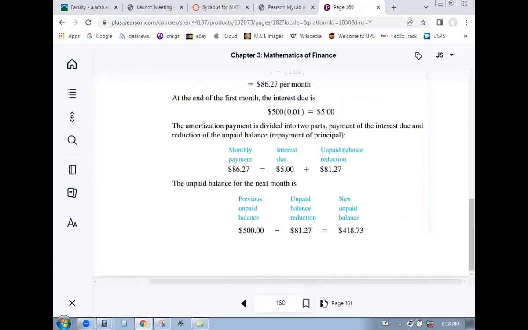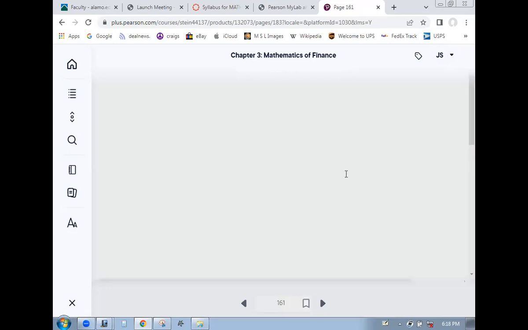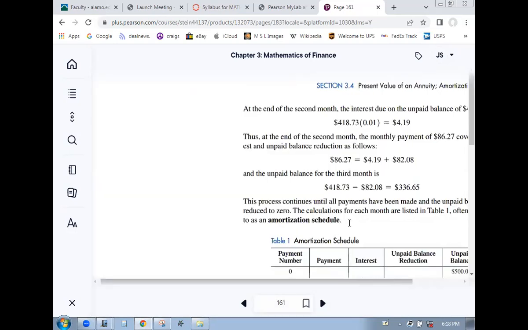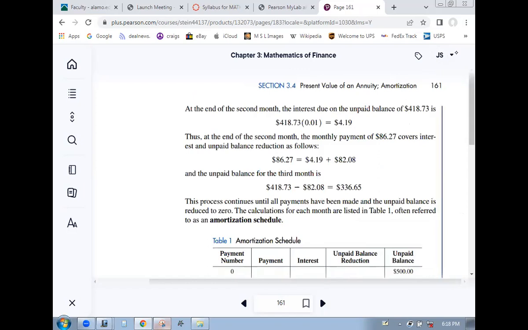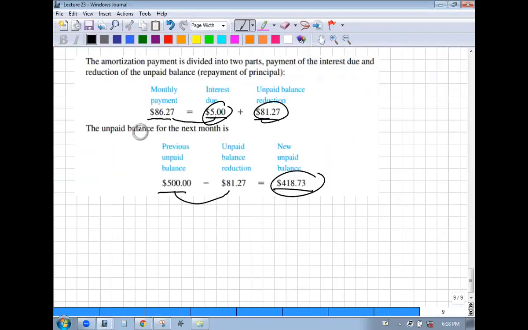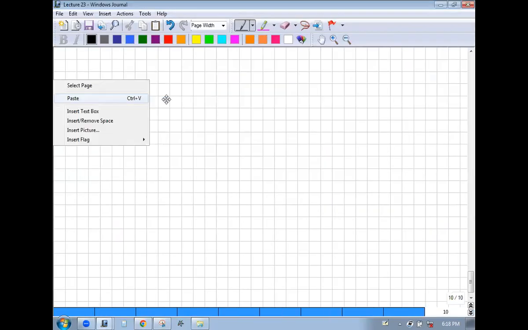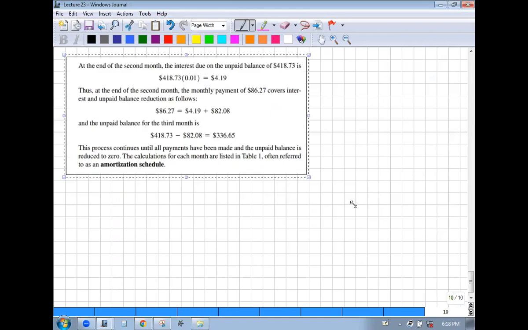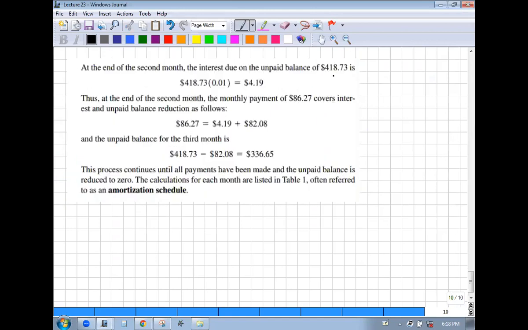Let's see what we have to answer for all, what, 6 months? We continue. All right, at the end of the second month, this is what we had at the end of the first month. We get 1% interest.